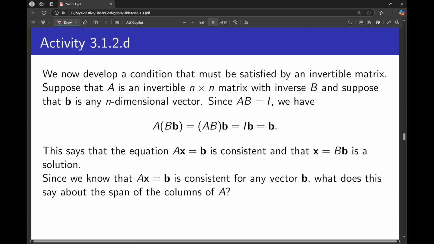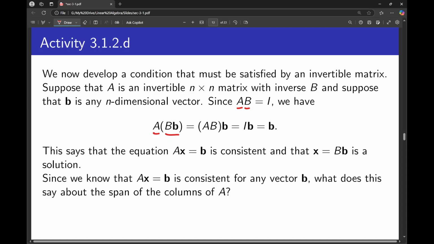All right, now let's develop a condition that must be satisfied by an invertible matrix. Suppose that A is an invertible n by n matrix with inverse B. Suppose that b is any n-dimensional vector. Since A times B equals identity, we have A times B times b. Remember, little b is any n-dimensional vector.